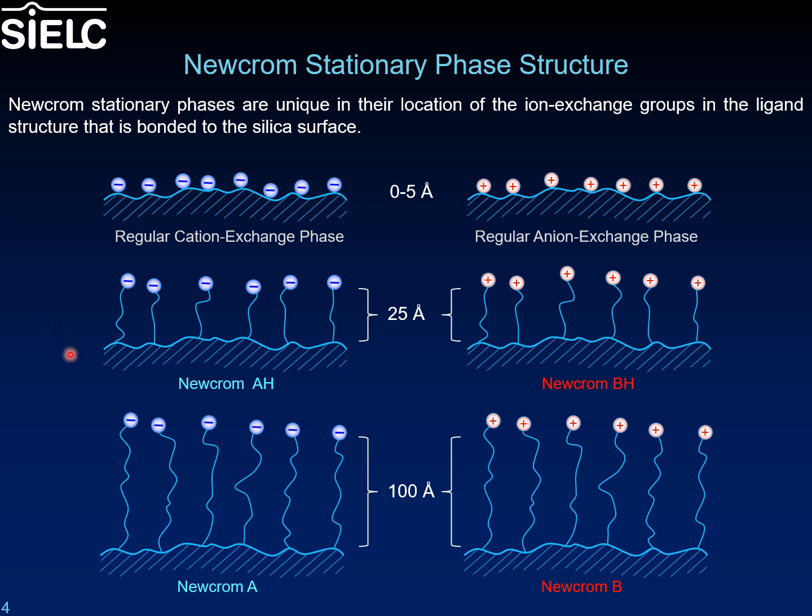By comparison, the Newcrom AH and BH columns have an alkyl chain that is about 25 angstroms in length, with either their positively or negatively ionized groups located at the terminus of these chains. And the Newcrom A and B columns are a similar structure, but now the alkyl chain is 100 angstroms or so in length, and not the 25 angstroms in length.